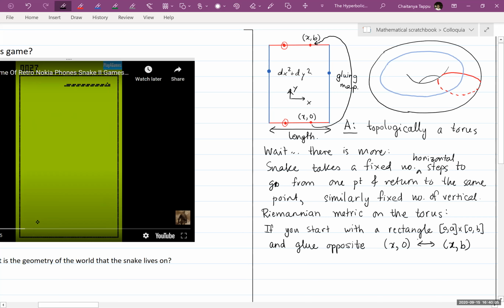And x comma 0 mapping to x comma b is an isometry of the Euclidean plane. And this is why we can get a Riemannian metric on the torus, because we're gluing using isometries.